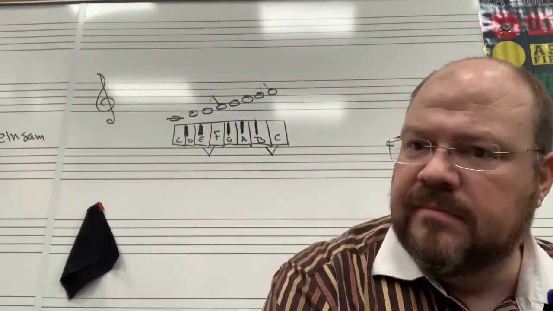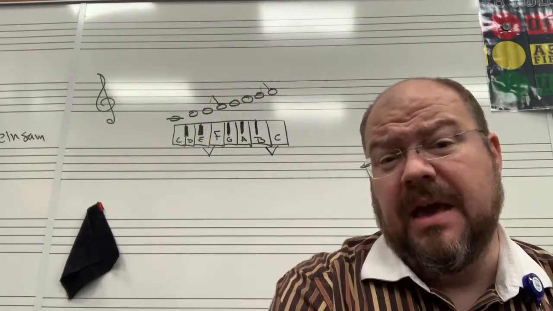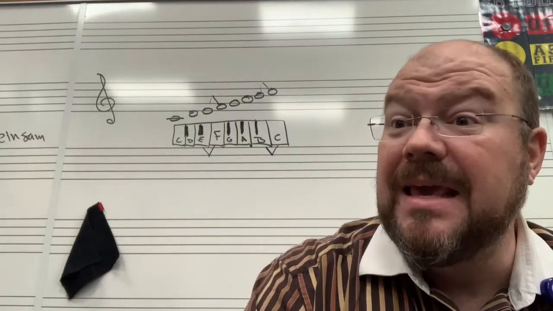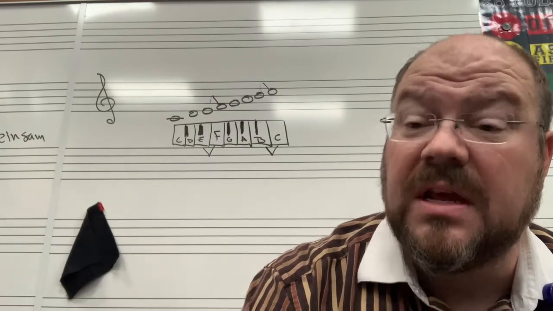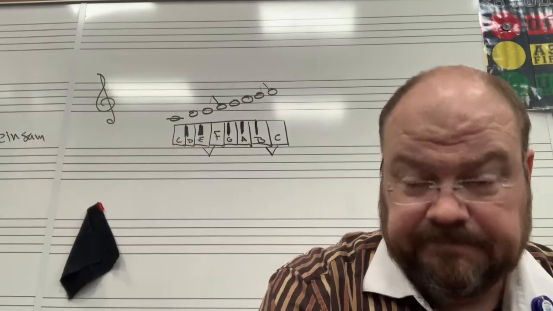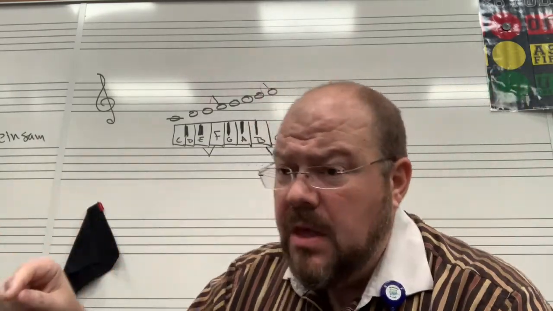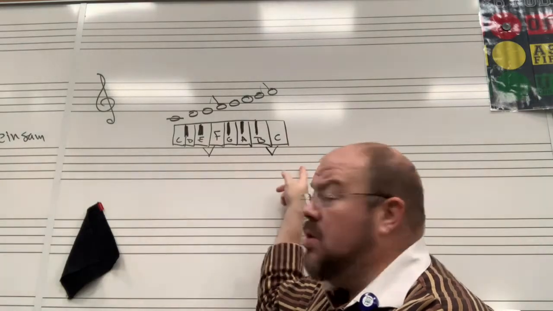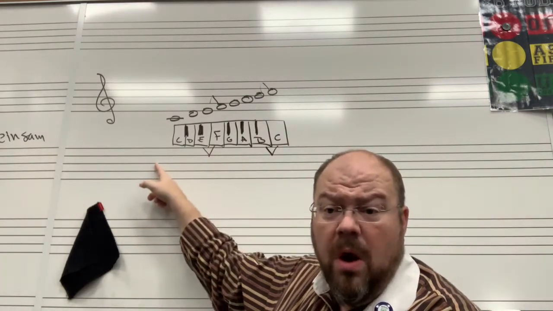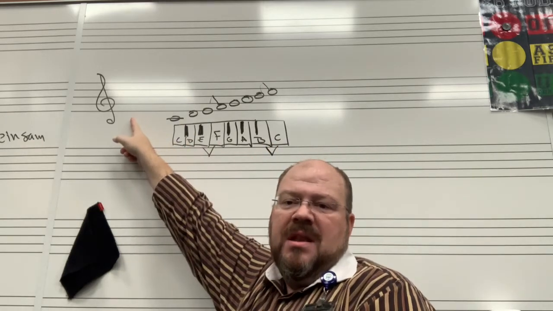On the piano, there's only a half step between E and F. And then B and C, another half step. So that's what makes a major key, and because none of those notes have been altered, there's nothing written there.